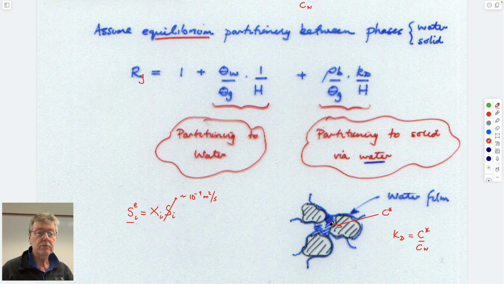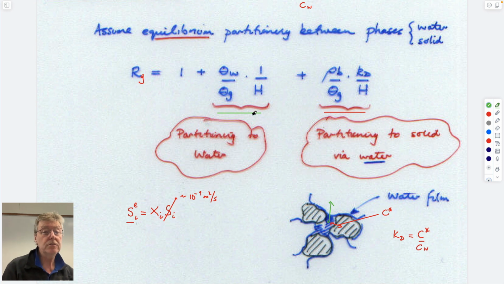The water is in touch with a film that covers the whole of the grain's pore space, so there's equilibrium between the concentration in the water and that which is sorbed onto the solid. The other coupling is the equilibrium between the concentration within the water and the concentration in the air phase, which is continuous in the vadose zone. There's a defined concentration in the water, and through Henry's law, there's an equilibrium between the water and the air, and that's given by the second term.